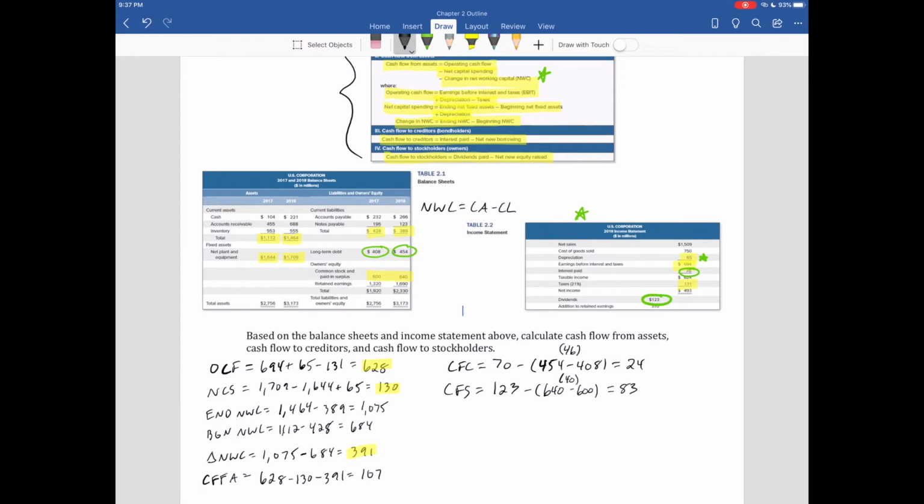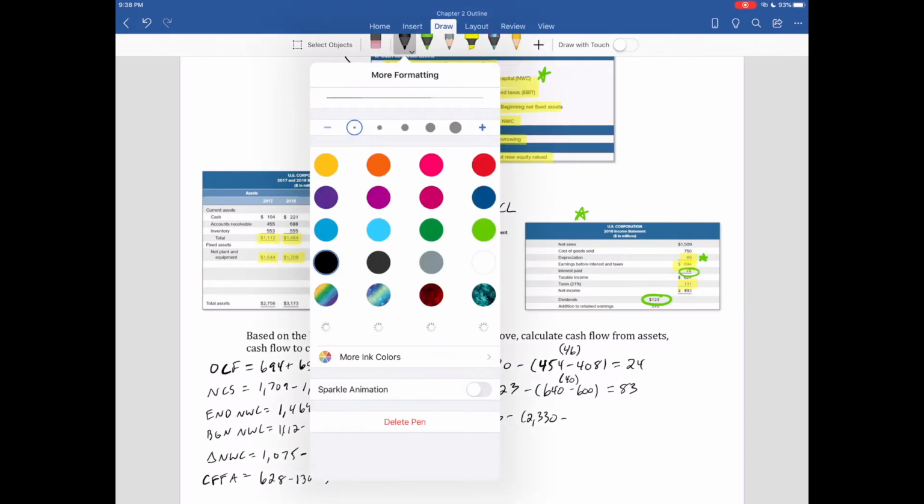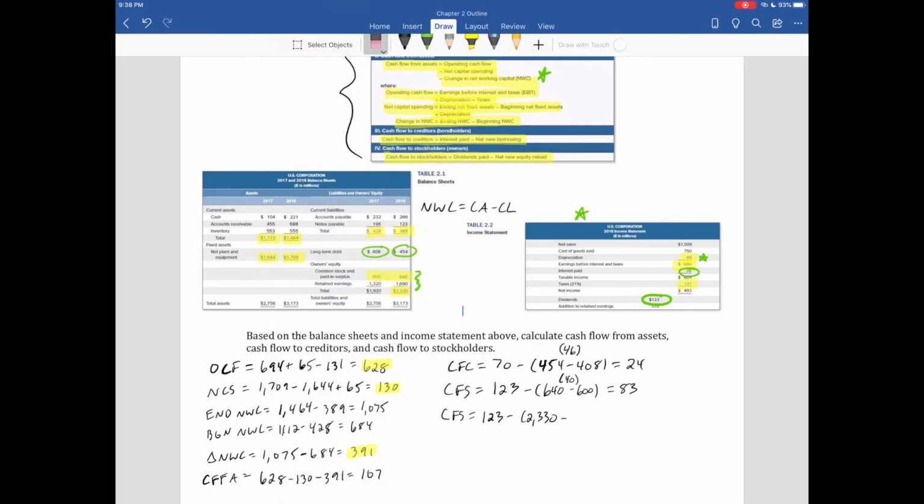Now, one thing I should showcase here with cash flow to stockholders: if it's not separated like it is here, where they've separated common stock and paid in surplus and retained earnings, this is how you would calculate it. It's still dividends paid, but then you would take the ending stockholders' equity, which is $2,330, and subtract the addition to retained earnings, because you don't want to take that into consideration.